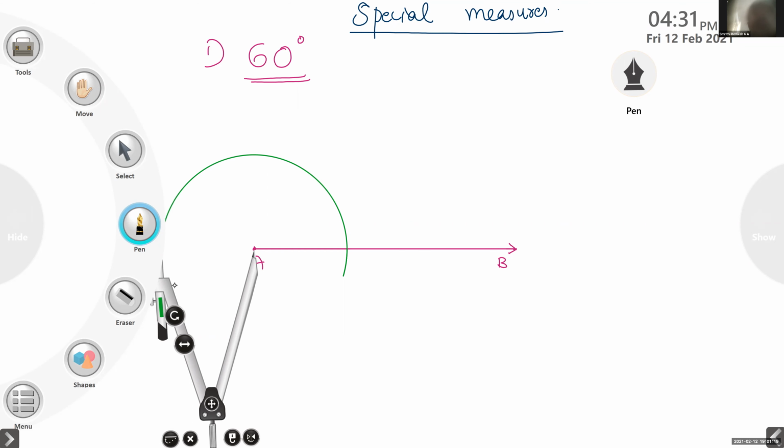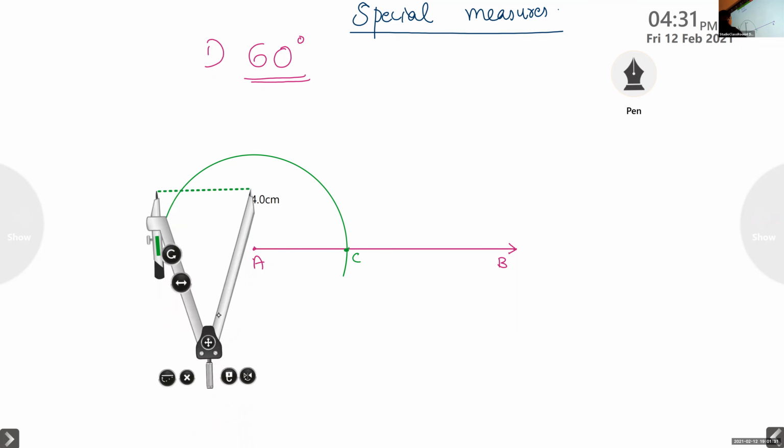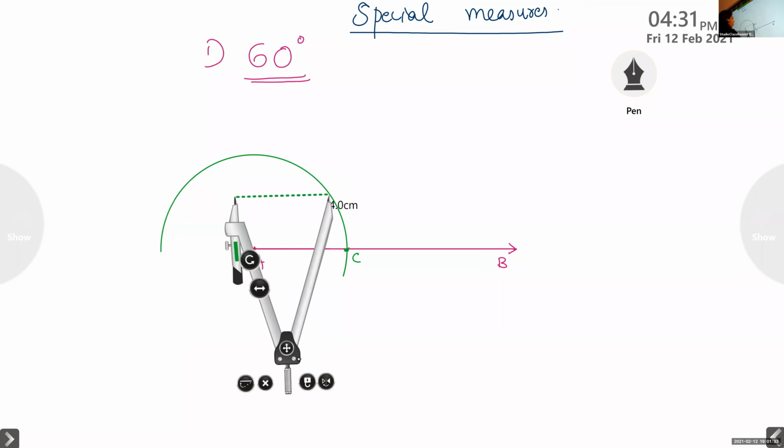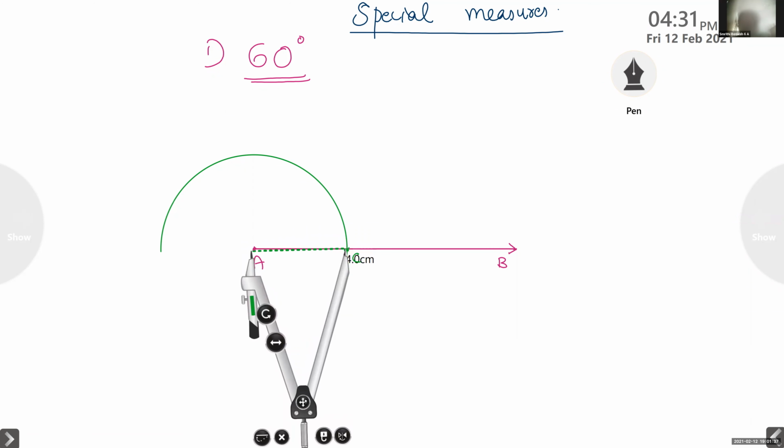The point where it crosses the baseline is C. Can you see point C? And without moving the compass, I have taken 4 centimeter. Same radius, that is a very important point.